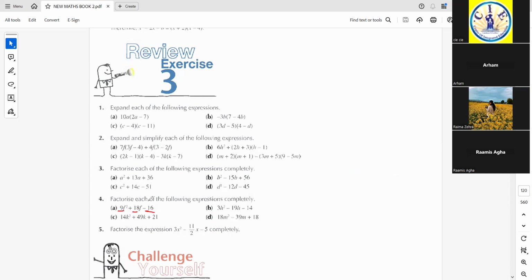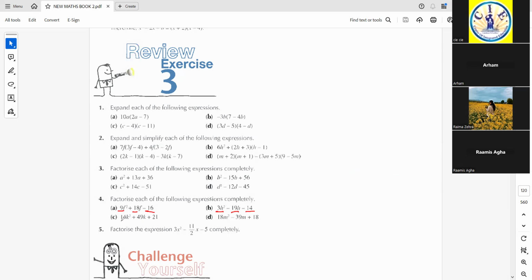Can we have a single factor taken as common from these? No. Similarly, 3, 19, and 14. We cannot take a single factor common from these three.